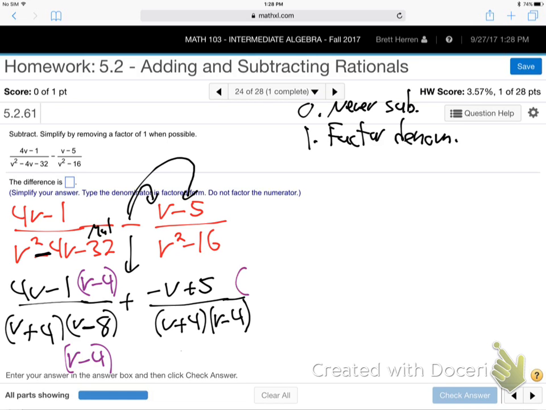And then go to the second denominator. What is this one missing that the other one has? The V minus 8. Like that. See how we've made the two denominators the same? They're exactly the same. Then the two denominators have exactly the same 3 pieces now, don't they? So now we can combine them into one fraction.